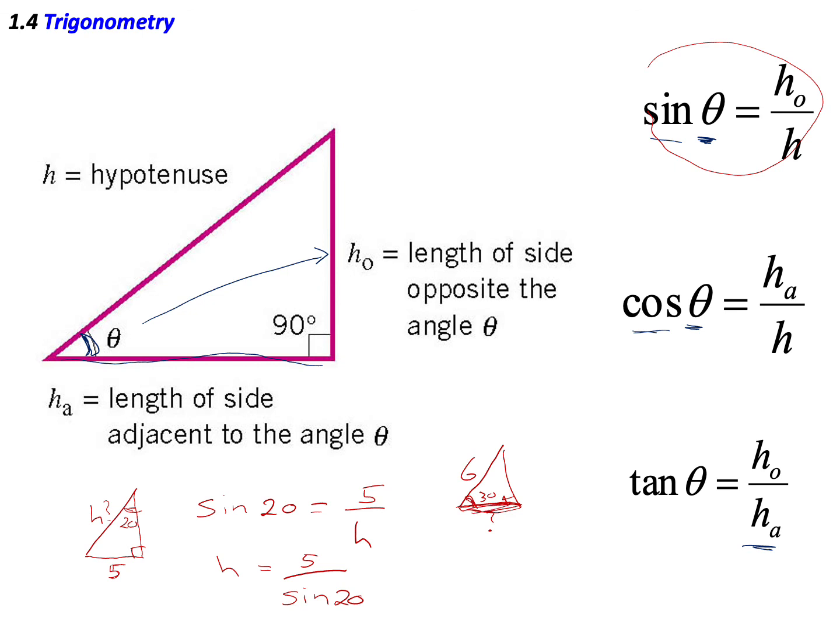You can use the cosine relationship, because cosine of the angle is equal to the length of the adjacent side divided by the hypotenuse. So cosine 30 is equal to the length adjacent to this angle 30, which is HA, we don't know, and the hypotenuse is 6. So HA, the length of the adjacent side, is equal to 6 times cosine 30.